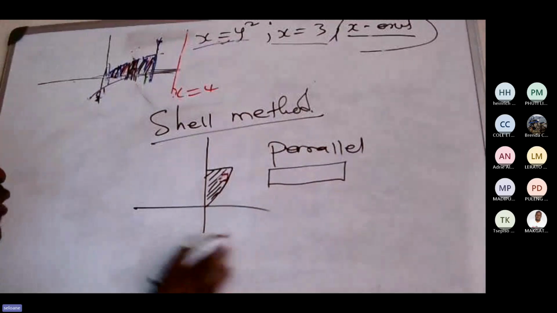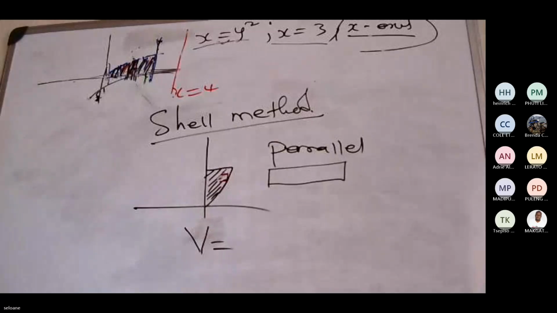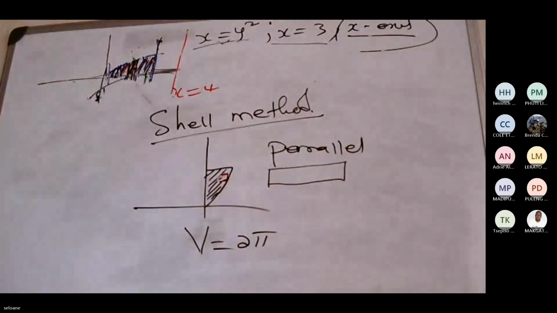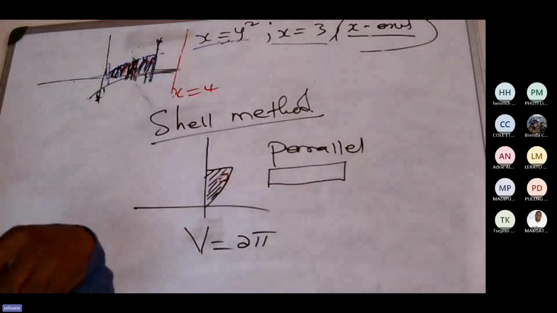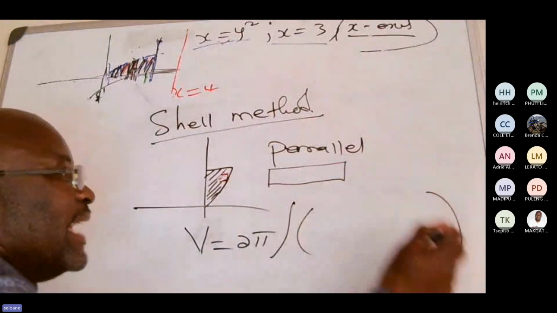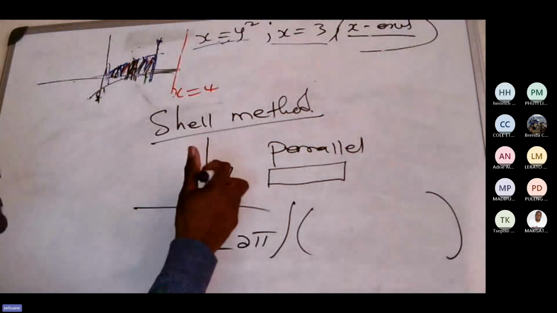So what is the formula in that case? The formula will now be 2 pi. The 2 is inherent in that formula. Then you say the integral of what? Let's say I cut here.